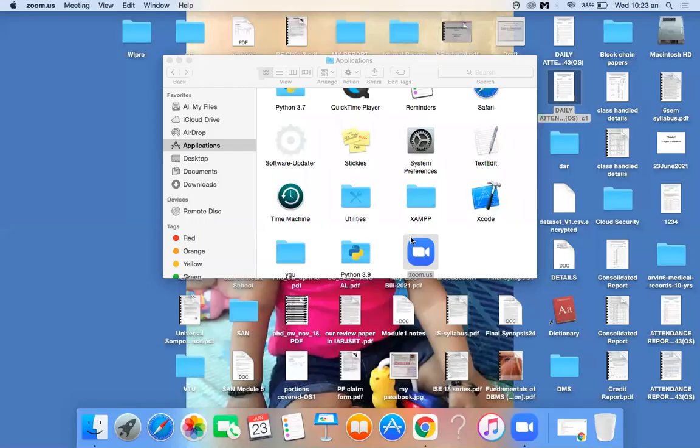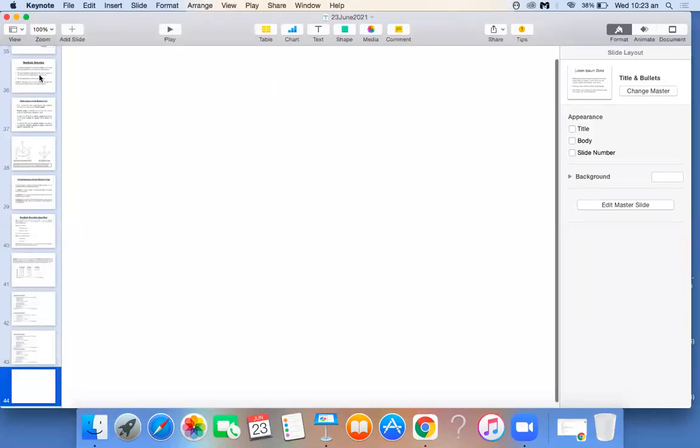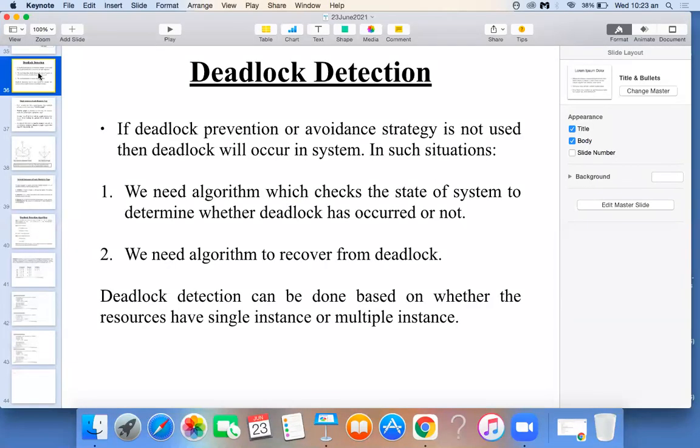So in today's class, we will see the next part, that is deadlock detection. Before that, I will just share the slide with you. Yeah, this one, deadlock detection.